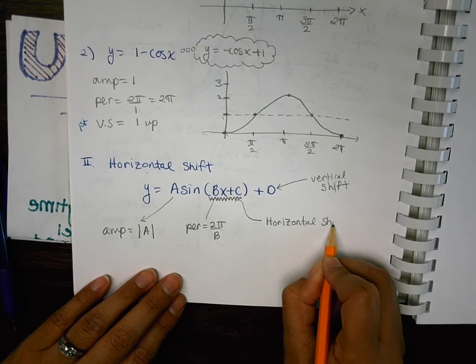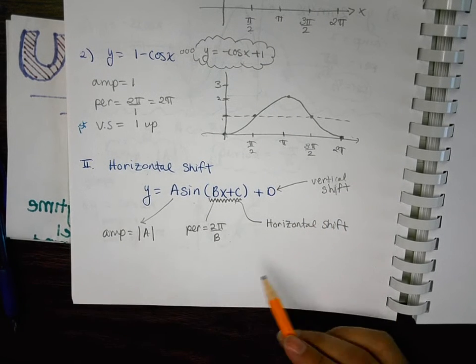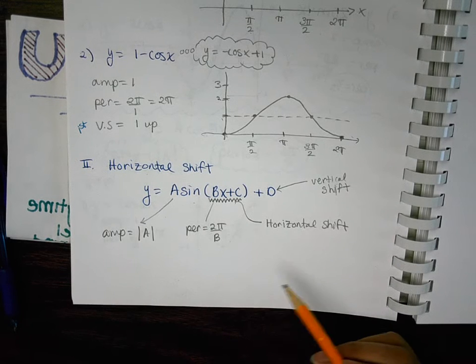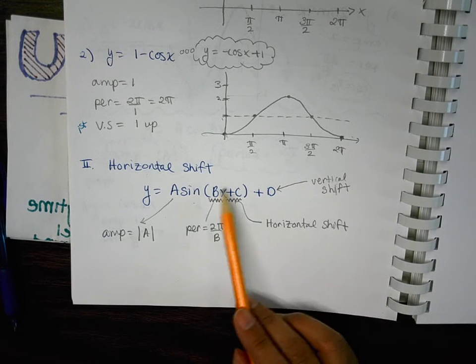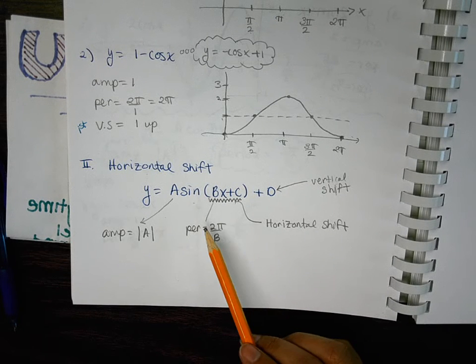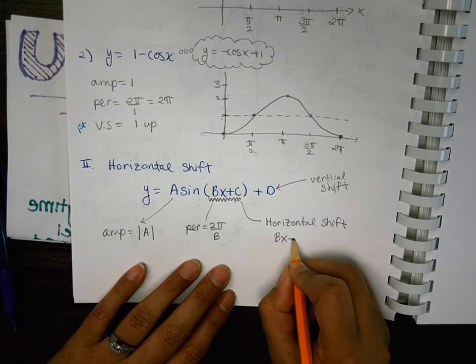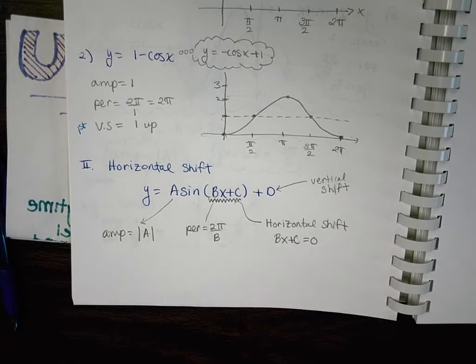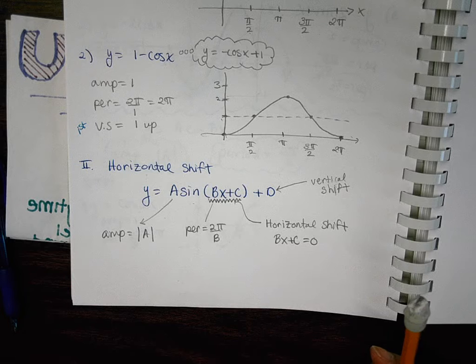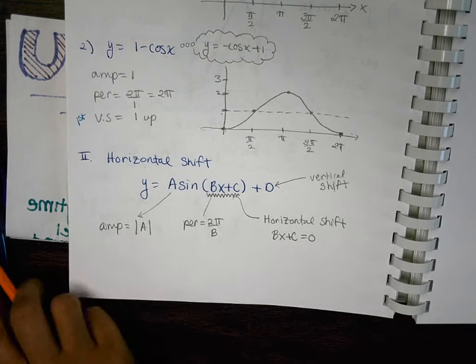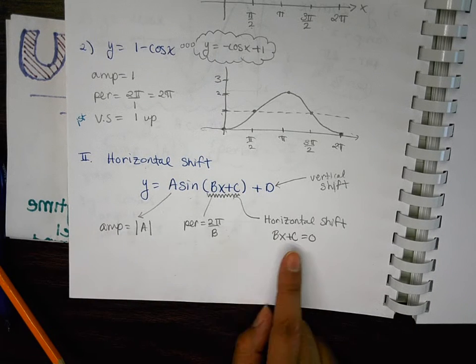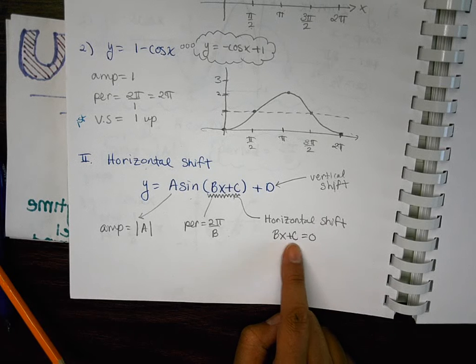Does anybody remember from last year, not just from this unit, but from your shifting, how to find your horizontal shift? What you do with this parentheses? Set it equal to 0. bx plus c equals 0. Do you guys remember if it was x plus 5, it didn't mean that it moved right 5? It moved in the opposite direction for x, and this is why. I don't know if you guys learned it that way, but it's because you set it equal to 0 and solve.